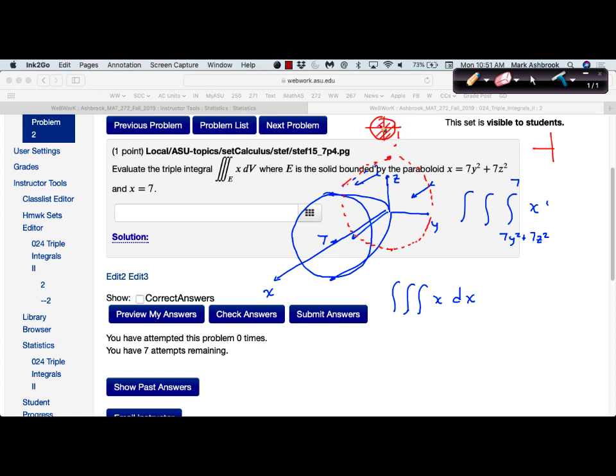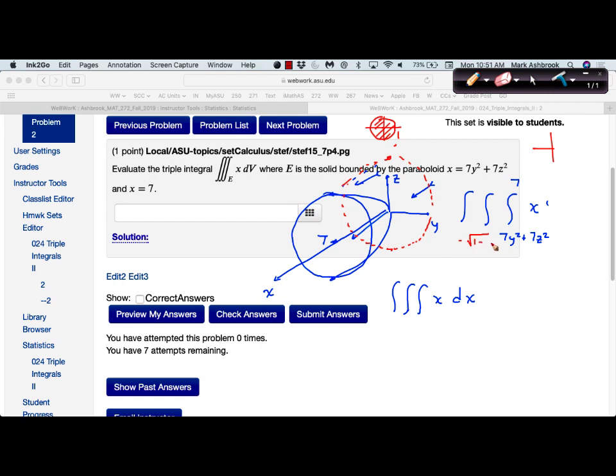And so then we're going to go to just type 1, bottom to top, left to right. So this is basically the unit circle in the YZ plane, centered at 0, 0, radius 1.